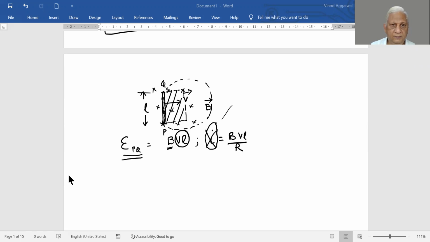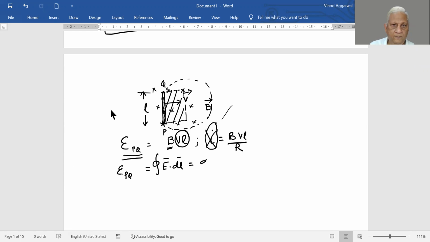In our case, when we were talking about this conductor moving in a magnetic field, this EMF is generated on account of an electric field being set up in the conductor. Integrate over the loop.